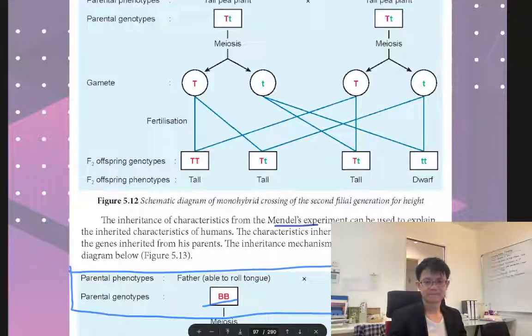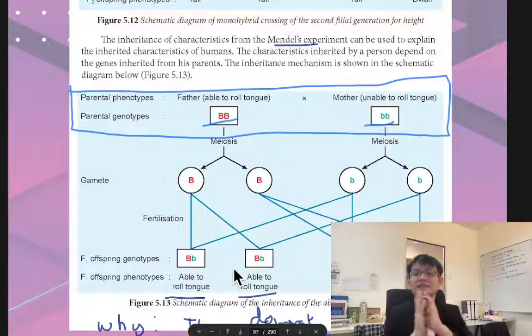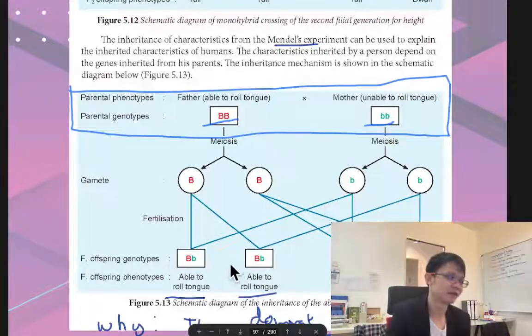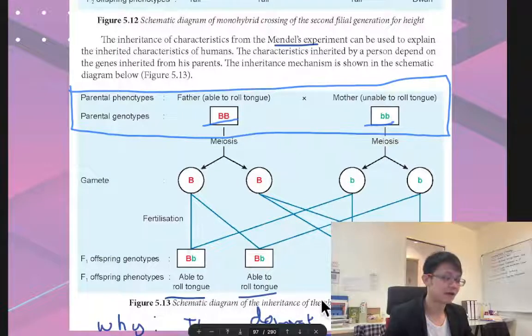For able to roll tongue, 4 are able to roll tongue, so eventually you get it correct, because it's capital B, after you do the factorization like in mathematics, you should be able to get B. I'm not going to go back to the previous video on how you get all these things. You need to watch my previous video. So all are able to roll tongue. The student answered 4.